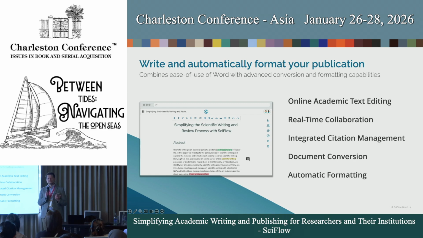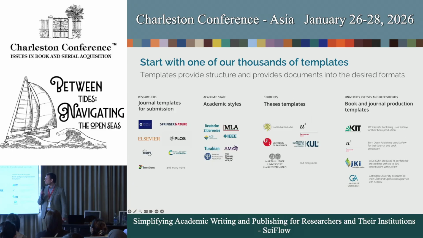But one of the still most important features is the automated formatting. We have over 5,000 journal templates in SciFlow. As a researcher, you can start writing, and once you're ready, you can select a journal template and then just format into the desired style. If you're not sure where to publish yet, or you're just writing a general report, you can also use one of our academic style templates, APA, IEEE.